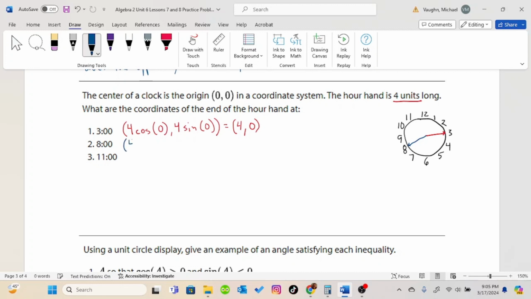So we have 4 times the cosine of 7/6 pi and 4 times sine of 7/6 pi. So on this one, I'm going to use a calculator.